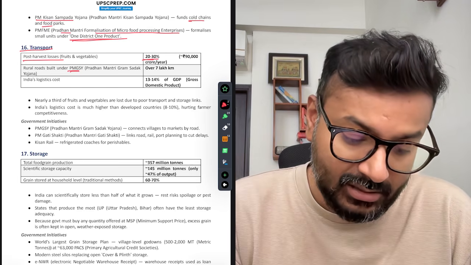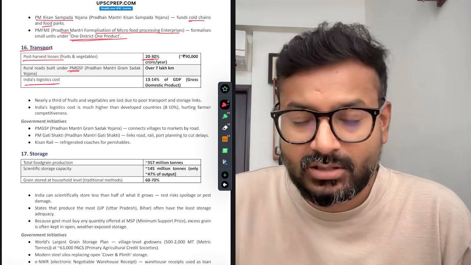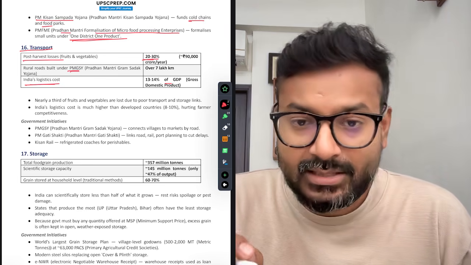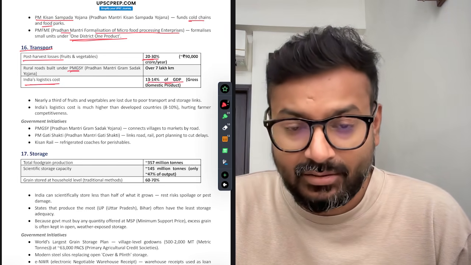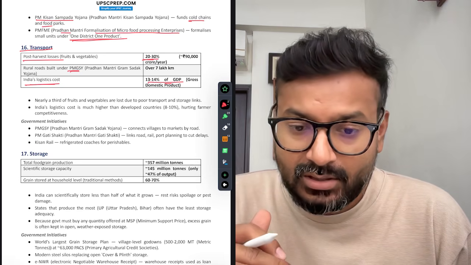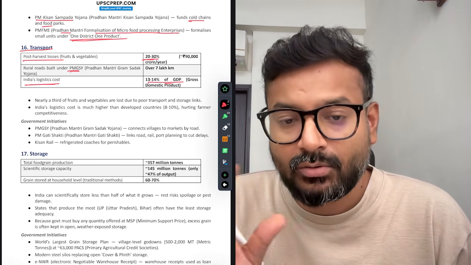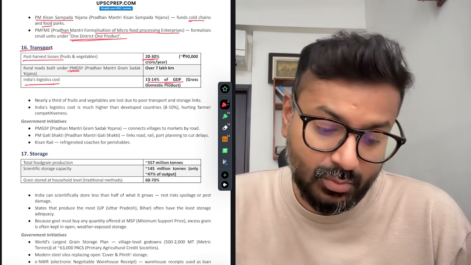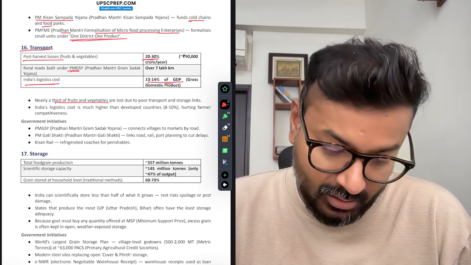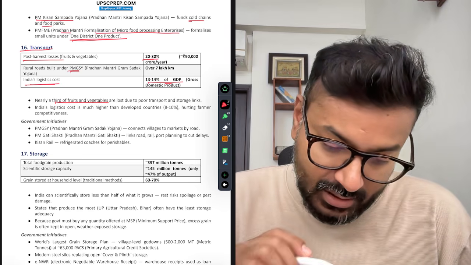But still, if we see India's logistic cost, just the cost of transporting and storing, it is around 13 to 14% of the GDP, which is very high. Okay, so if we reduce the cost of logistics, the whole agriculture sector will become much more efficient. A third of food and vegetables is lost due to poor transport and storage.